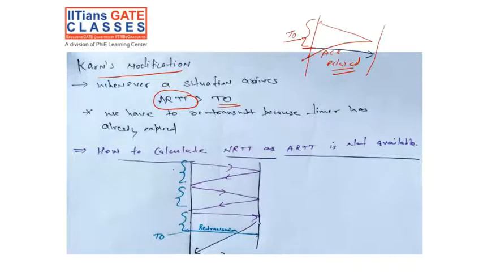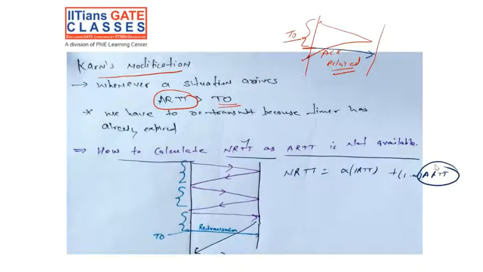Now see, you have to calculate the new RTT. You know for the new RTT, you need alpha times IRTT plus (1 minus alpha) times actual RTT. This value you need, but after timeout, you need to do retransmission, right?